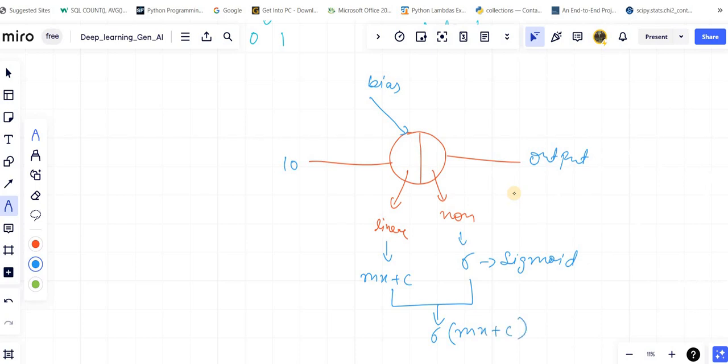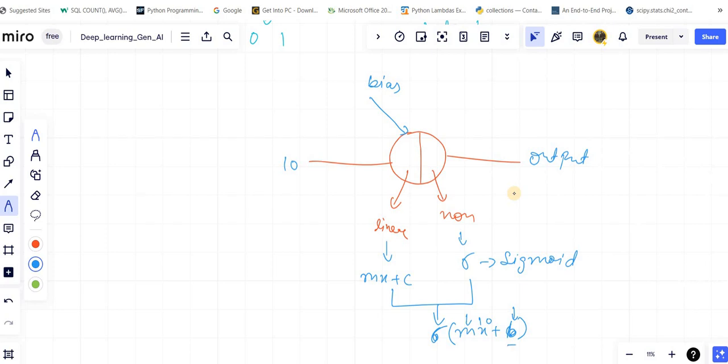Whatever the linear outputs will go into the non-linear part. In place of c, let's write b, and x here is 10. These are the two trainable parameters m and b, which need to be trained by using backpropagation.